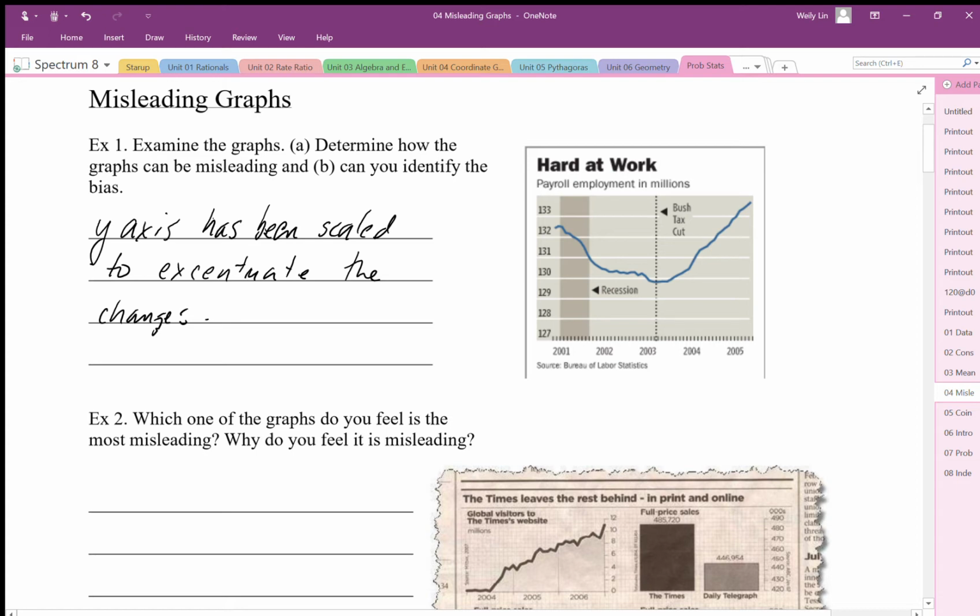So the bias is maybe this is the Bush administration. I'm just going to put maybe because we don't know for sure, but maybe the Bush administration is trying to show that their policies are working.